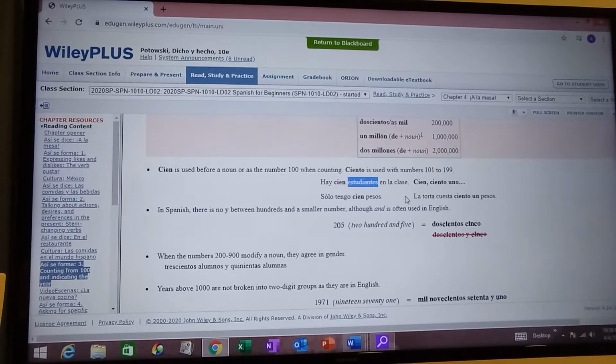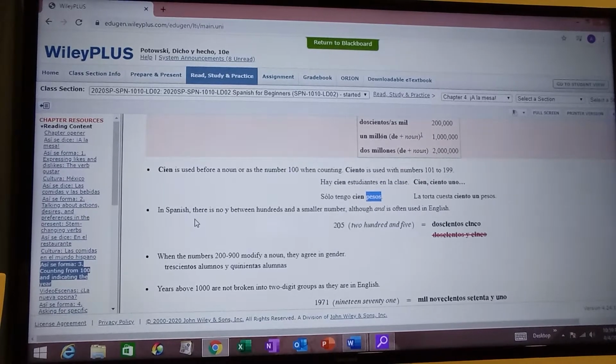When you are counting, you say cien, ciento uno, ciento dos, and on. Solo tengo cien pesos. Here, this is the number, this is the noun. So when it's used before a noun, you say cien. And when you are counting, you say ciento uno, ciento dos, ciento treinta. La torta cuesta ciento uno pesos.